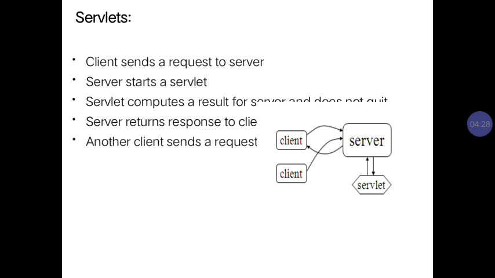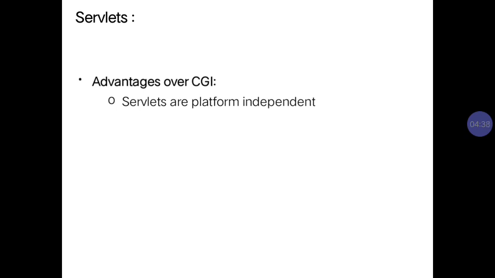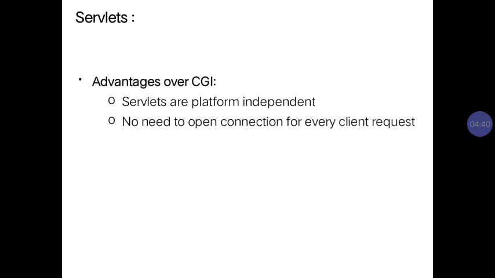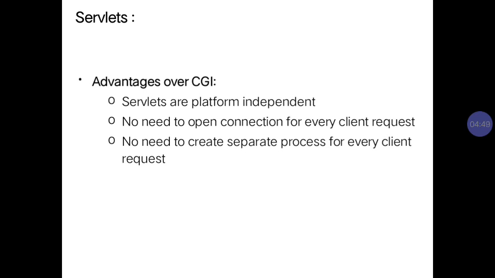Another client sends a request. Again the server calls the servlet and handles the request. This means there is no need to create a new process every time. Servlets are platform independent as they are designed in Java. There is no need to open a connection for every client request and no need to create a separate process for every client request. So these are the advantages of servlets over CGI.